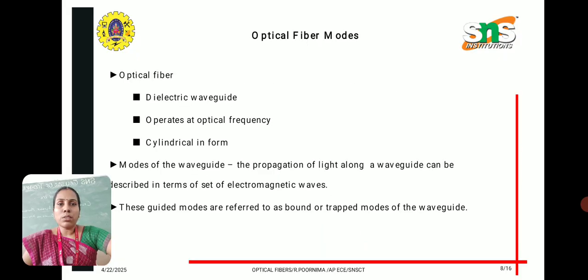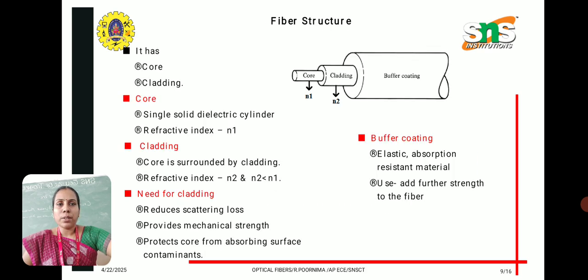And also optical fiber modes. Modes of the optical fiber depend on the propagation of light along a waveguide. These guided modes are referred to as trapped modes of the waveguide. And this is the basic structure of optical fiber, which has core and cladding.